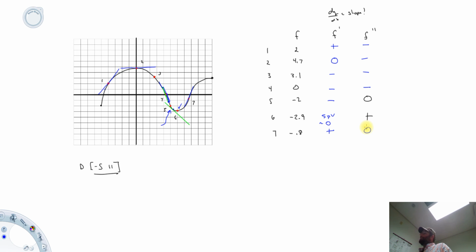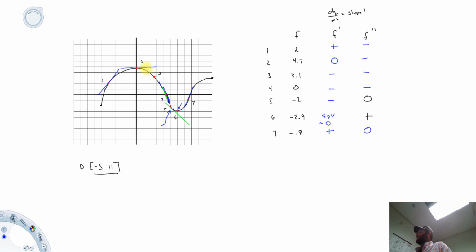Okay, so the first derivative tells you about slopes, right? So slope is positive, so the first derivative is positive. The second derivative tells you about concavity. If we look at the same point right here, the slope is decreasing, resulting in a downward concavity. That's where the second derivative is negative.